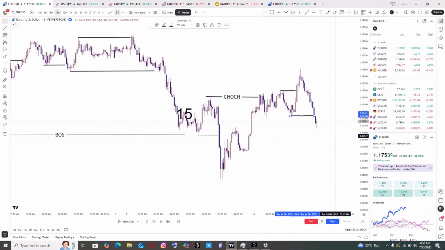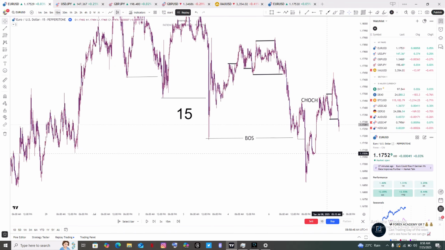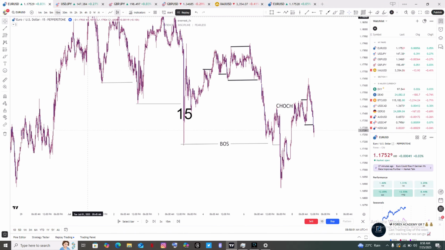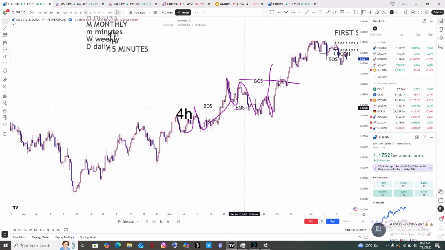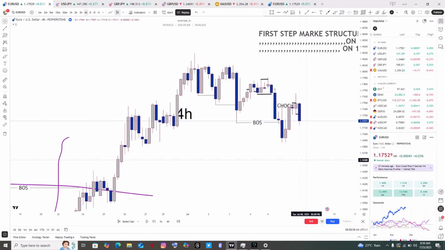I hope we get it. This is one of the reasons why you need to know how to use multiple time frames. First, we started from 4 hours. Now automatically you know that this market is falling.